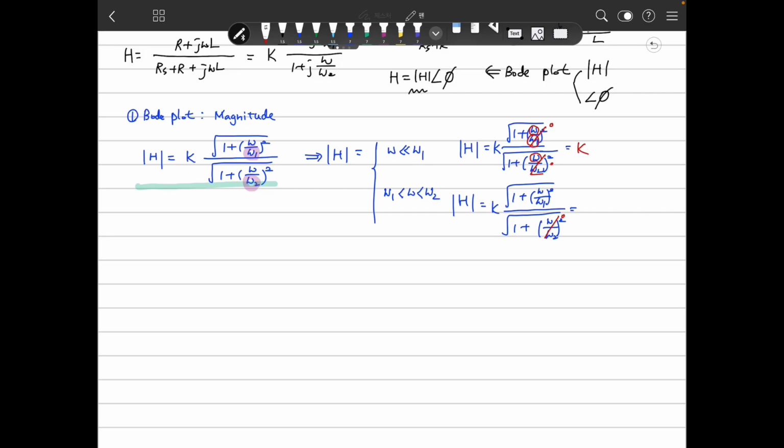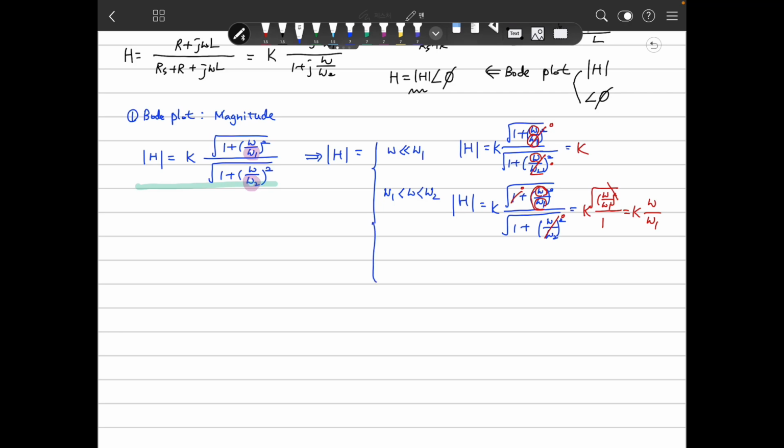And because omega is higher than omega 1, this is larger than 1, so it can be moved to 0. So that result will be k over j omega over omega 1, that will be k omega 1 over omega.